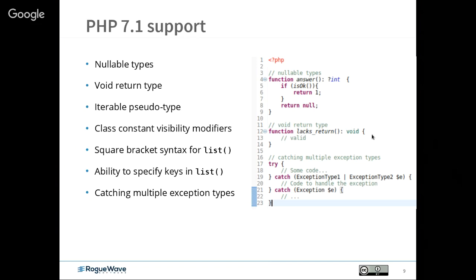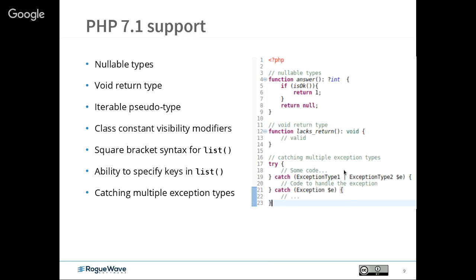Now it's possible. New addition is this void return type here, which also makes sense for some use cases. At the bottom of the screenshot, we see the ability to catch multiple exception types.